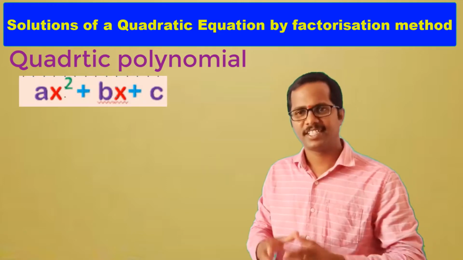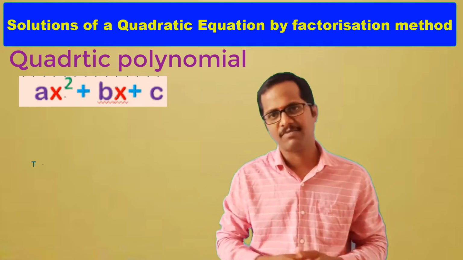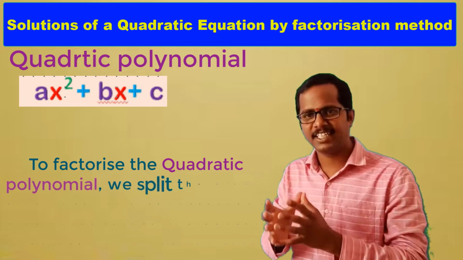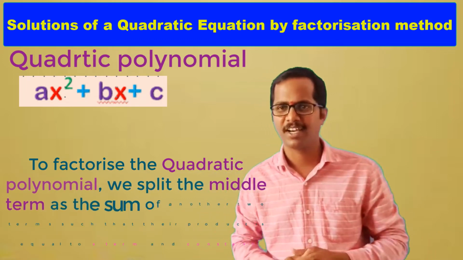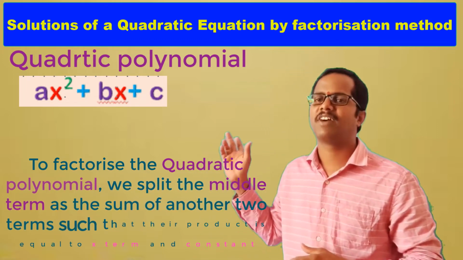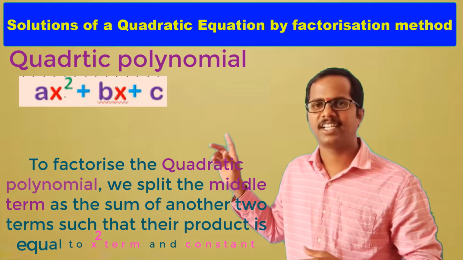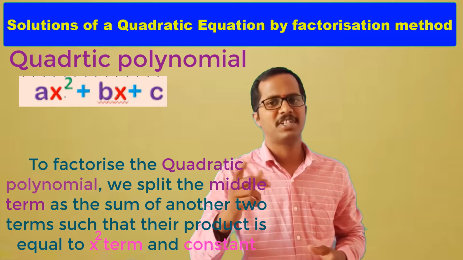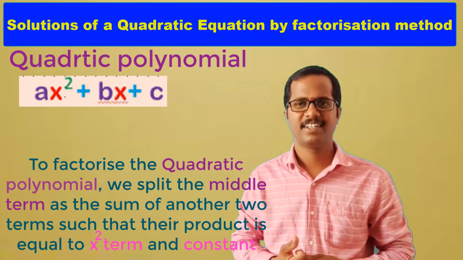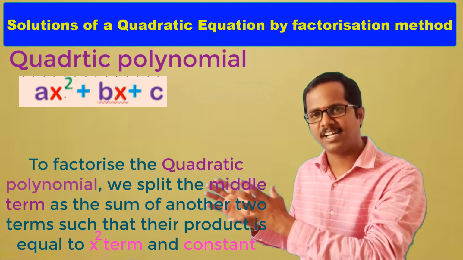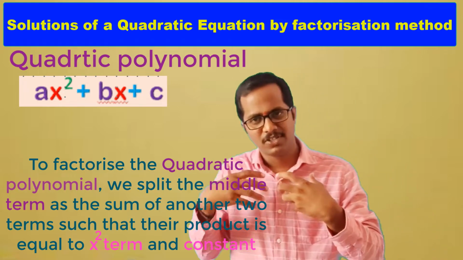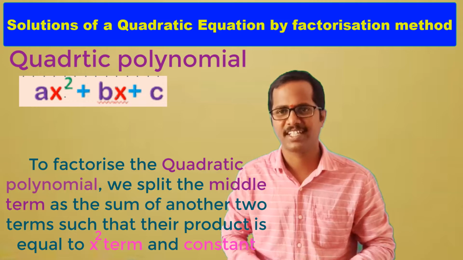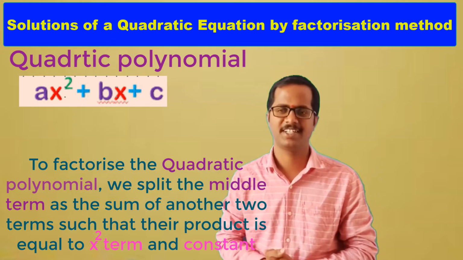Very good. We simply split the middle term of the given quadratic polynomial by taking the suitable pair of factors of the product of the x square coefficient and the constant such that their sum is equal to the coefficient of x. That's the same process that we are going to use here also to find the solutions or the roots of a quadratic equation.